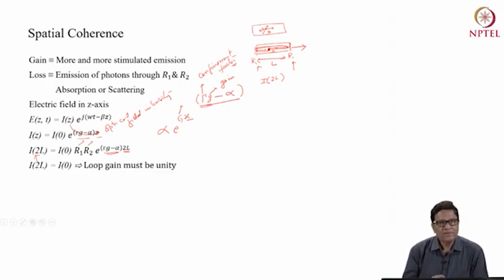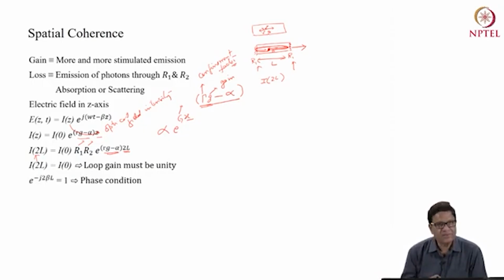So for a laser to act as an oscillator, we need to satisfy two conditions. One is the loop gain must be unity, that is I(2L) is equal to I0. The intensity when it has traversed a distance of 2L should be equal to I0. So this is one condition.